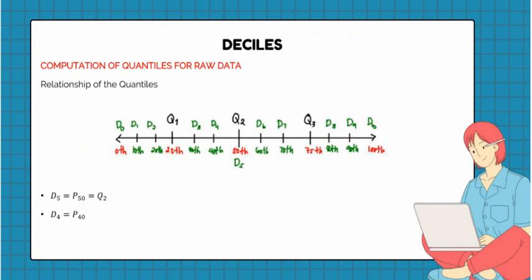It's also the same case for our first quartile, wherein our first quartile is just our 25th percentile. So basically, there is still a relationship between all of those quantiles. There could be a case wherein you are going to be asked kung ano yung 10th decile niya, tapos yung ibibigay is just our quartiles. So you can make use of these as a reference to find yung ating value. Okay?